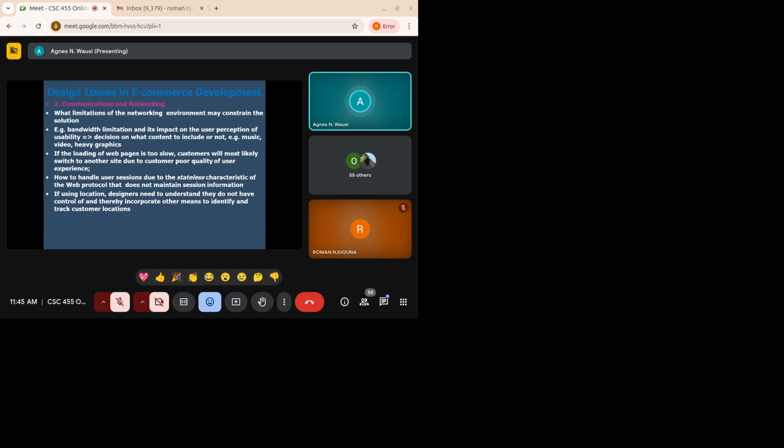You are loading a news article, and there is something in the background playing small videos, and they're distracting you. But we all have different expectations of what has been put on the web. And so bandwidth is one of the things you may need to consider, and how it affects some of the decisions you make. What are you going to include in your content, and what are you not going to include?